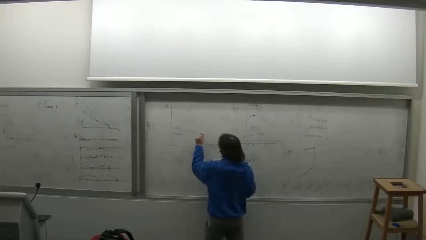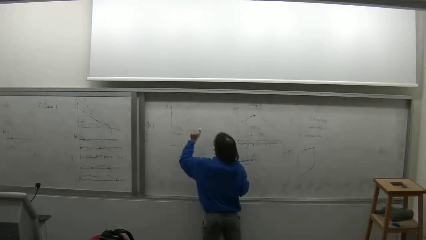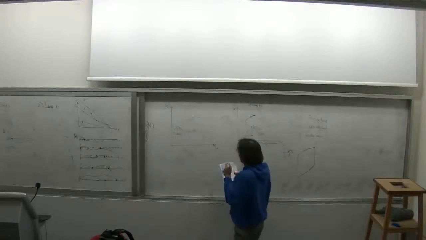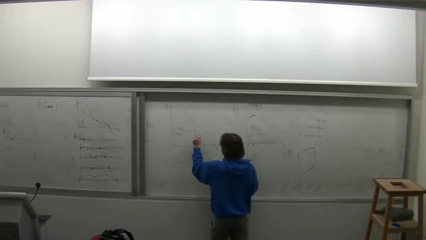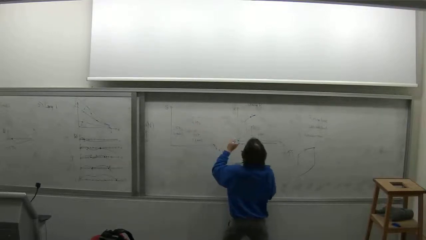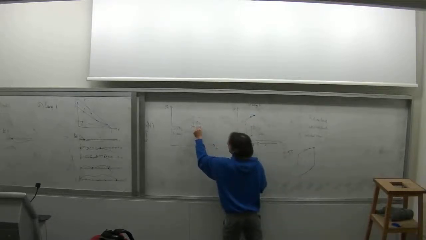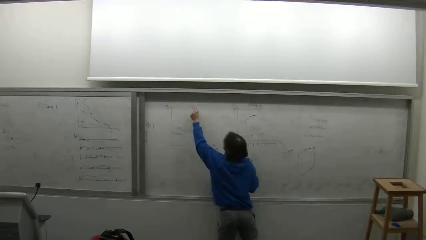I don't know the borders between them right now, so I'll just draw this as a rectangle. Here we have two fixed points and one stable. Here we have four fixed points, 1, 2, 3, 4, and two of them are stable. And here we have again two fixed points and one is stable. That's the outbreak.